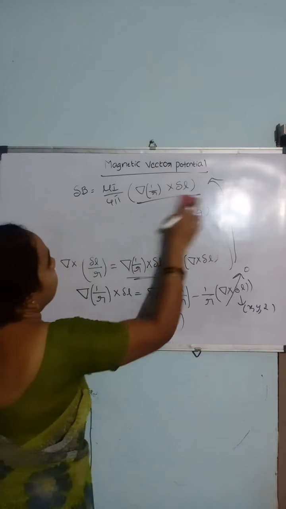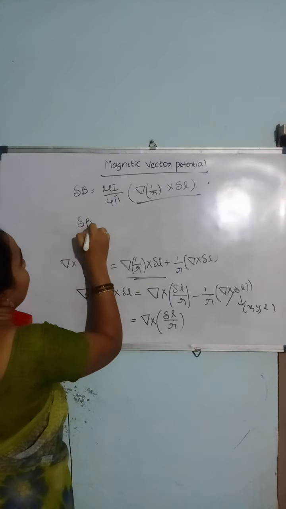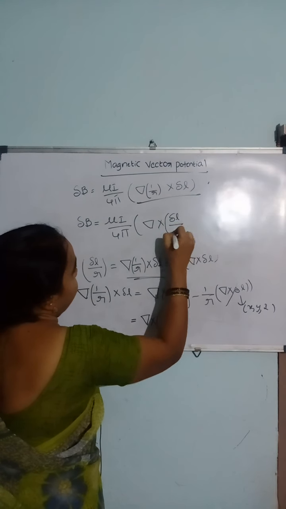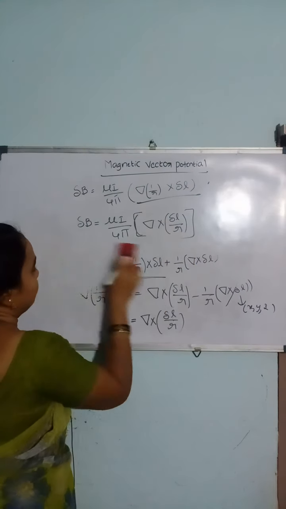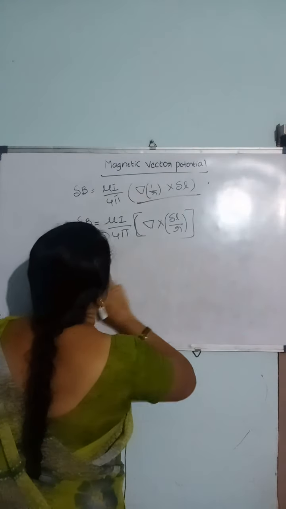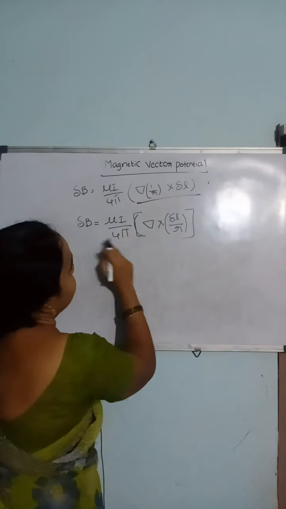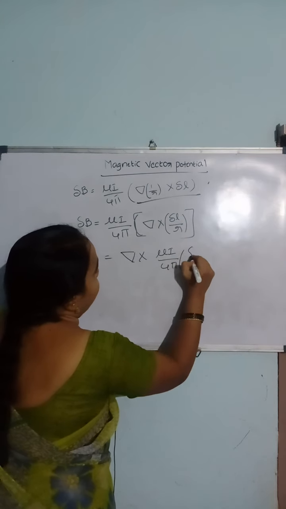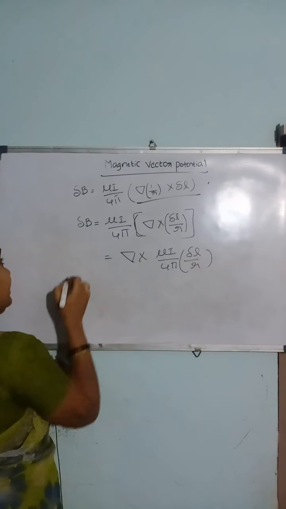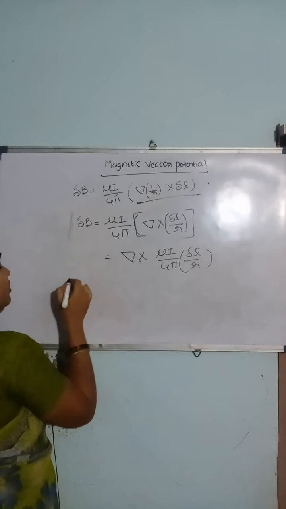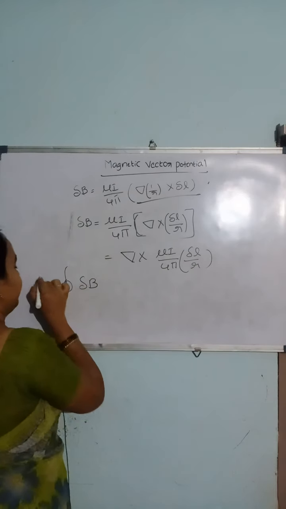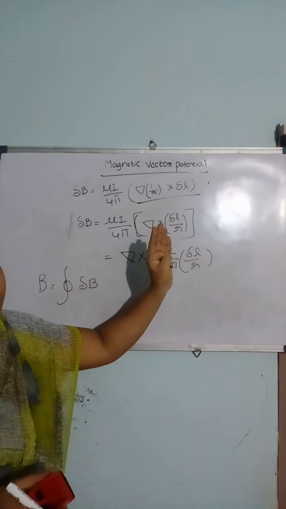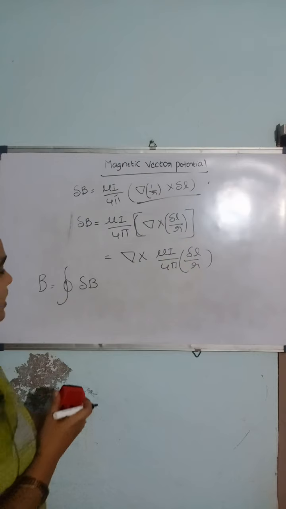Let us replace this in this equation. We get delta B is equal to mu I by 4 pi del cross of delta L by R. Since mu I by 4 pi is a constant, I am rewriting this as del cross mu I by 4 pi delta L by R. For the total circuit, that is for the closed loop, the magnetic field B is equal to, as in the first diagram, around any current carrying conductor there is a generation of external magnetic field in a circular path.